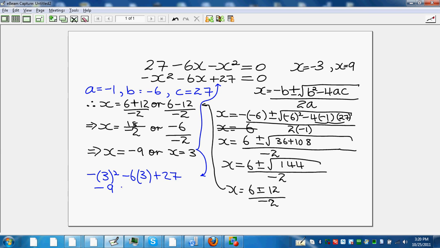Minus 6 by 3 is minus 18 plus 27. Minus 9 minus 18 is minus 27 plus 27, which is equal to 0. It means therefore that 3 is in fact a solution. Because if it was not a solution, then we wouldn't get this happening.